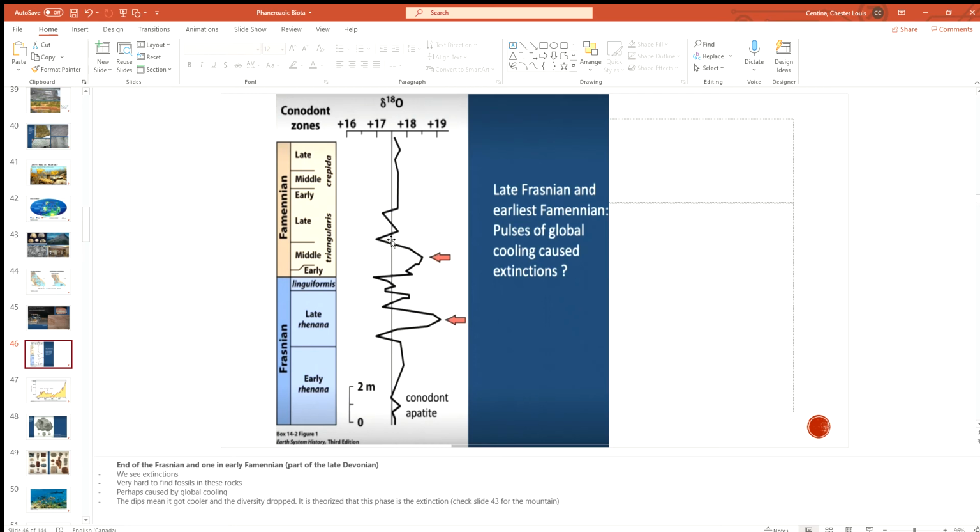You see this big drop right here? That is basically an extinction. It's a big cooling and freezing. Everything froze. It's hard to find fossils in these rocks caused by global cooling. The dips mean it got cooler and the diversity dropped. It is theorized that this phase is the extinction. And check page 43 for the mountain, which is right here.